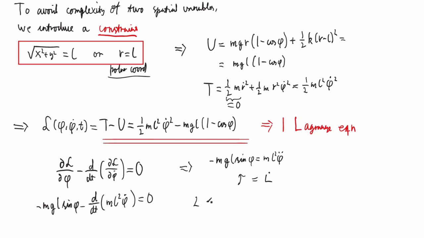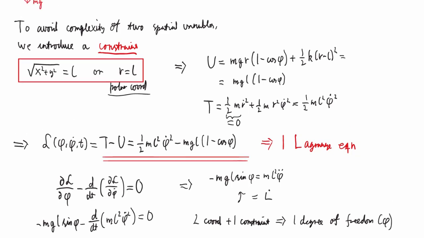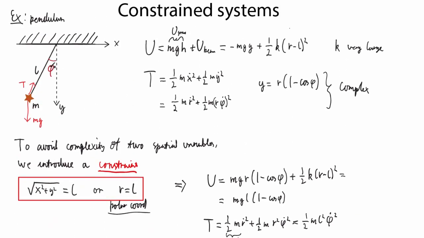So we started with two coordinates plus one constraint. And since 2 minus 1 is 1, this gives us 1 degree of freedom, which is represented by the variable phi here, right?